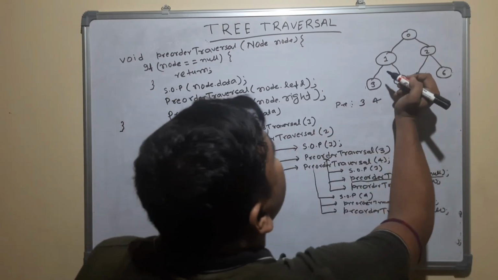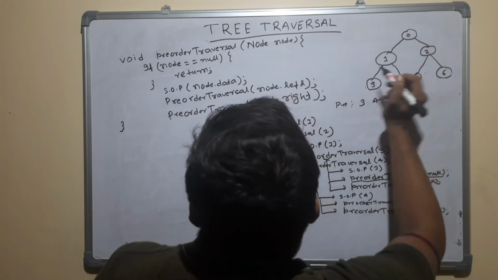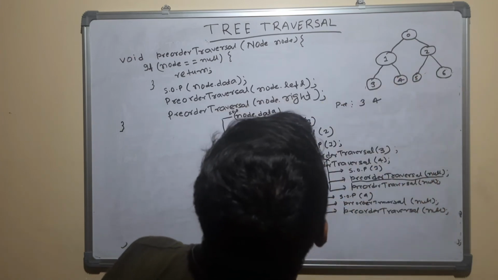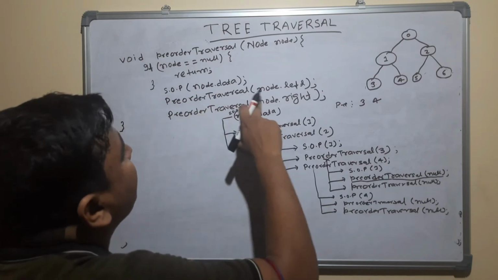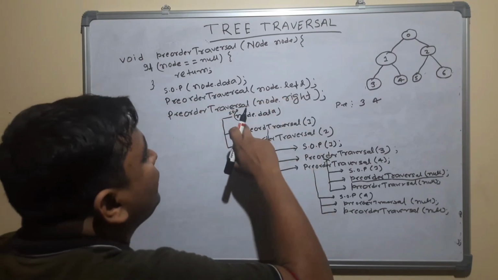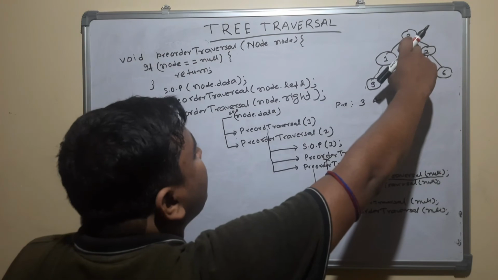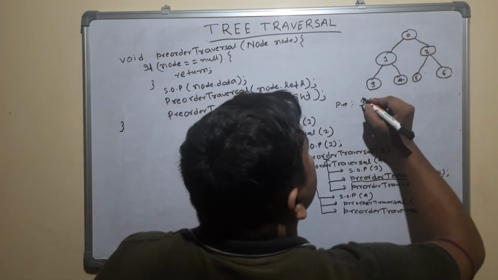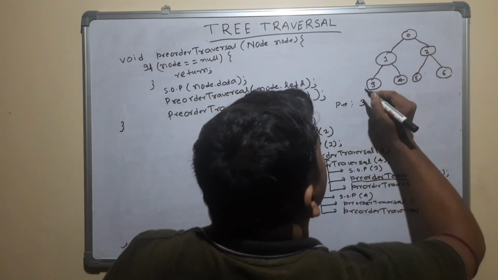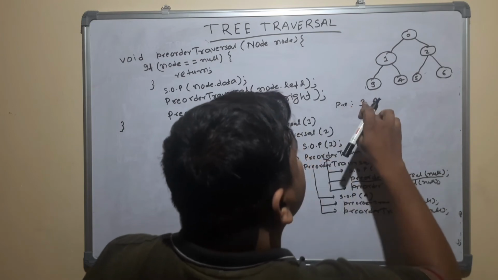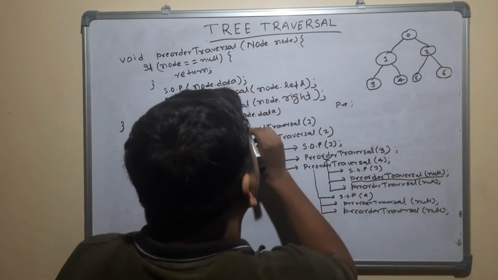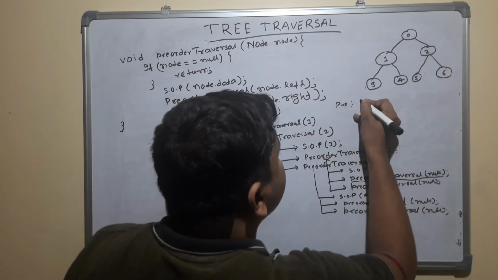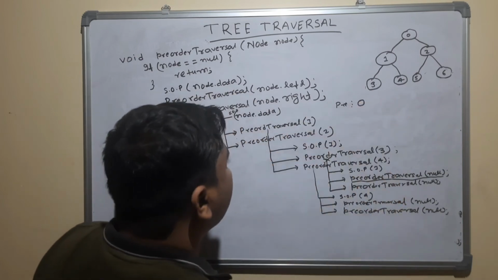So first 3, 4, right? First it will print node.data, because I have written node.data and then node.left. So first it will print the root data, right?